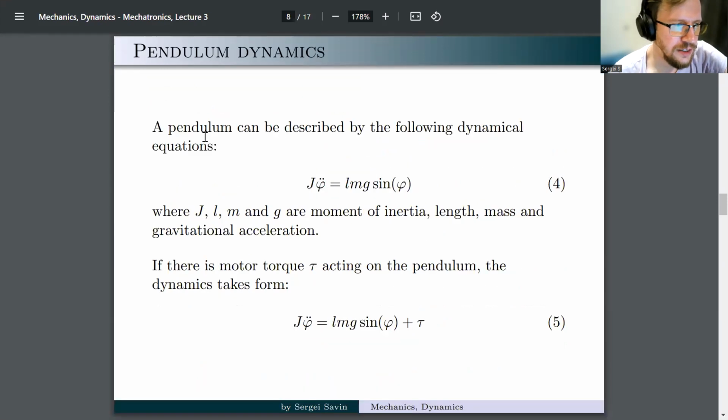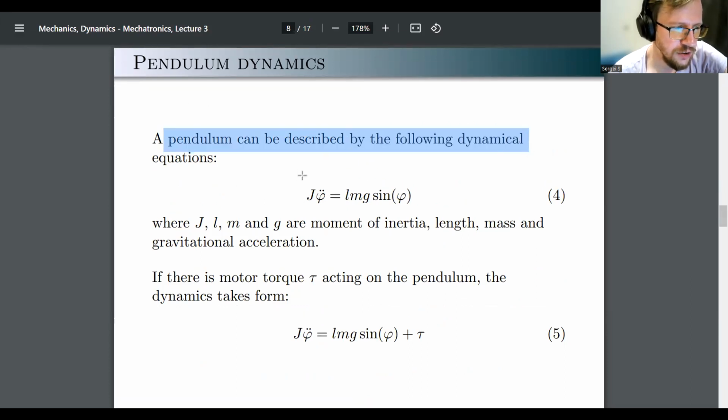Now let's look at a few examples. A pendulum can be described by the following dynamics equation. Here is the inertia of the pendulum. Here is the second derivative of the angle describing the orientation of the pendulum. And here is the gravitational force. What do I mean by gravitational force?